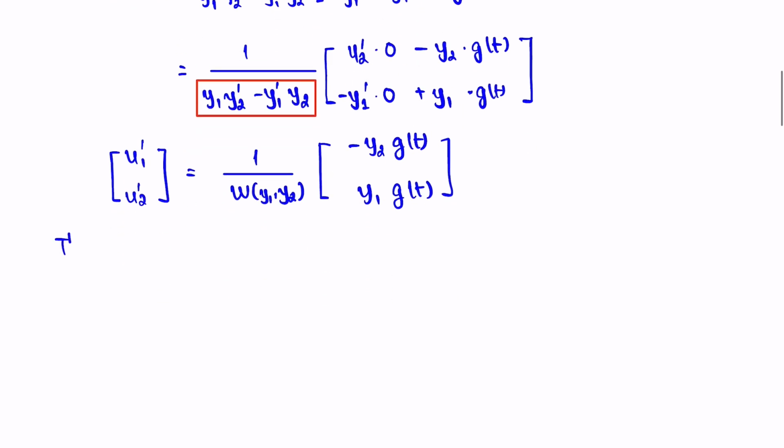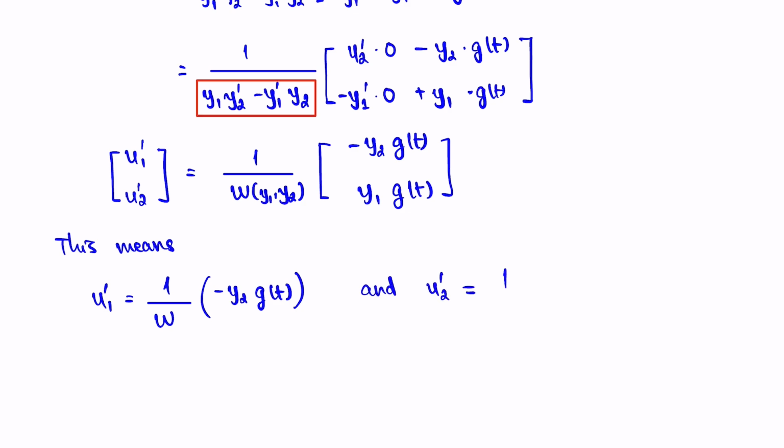This means u1 prime is equal to 1 over W, which is the Wronskian, times negative y2 times g of t, and u2 prime is equal to 1 over W times y1 times g of t.